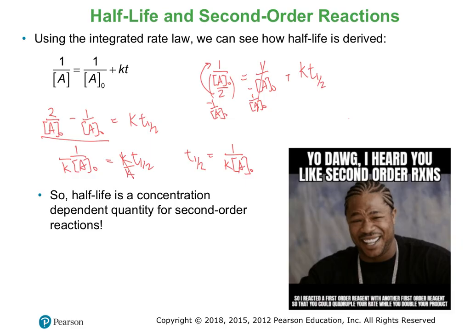So that's interesting. And another way that this makes sense for me to remember that this is the second order one is that the concentration is on the bottom. So we have 1 over the concentration of the reactant, and that's similar to the integrated rate law, right, where we'd have 1 over the concentration. So this is the main takeaway for this slide.